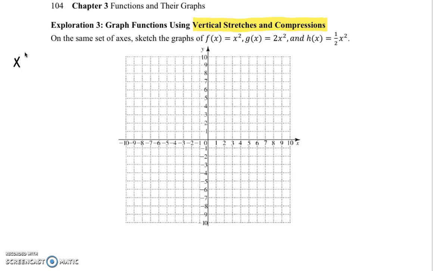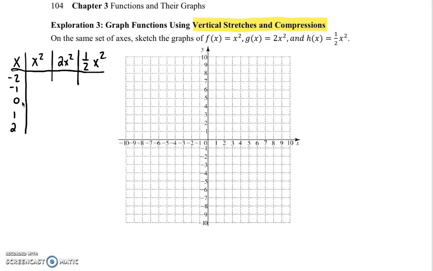So we have x squared, 2x squared, and 1/2 x squared. So let's do our standard -2, -1, 0, 1, and 2 for x.